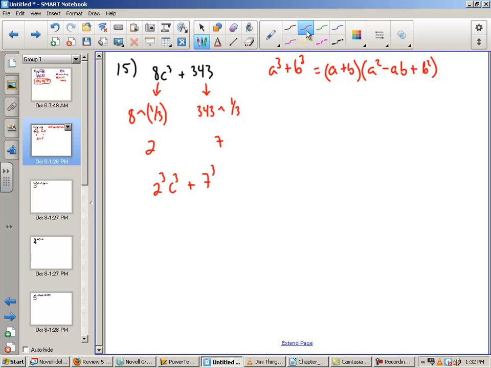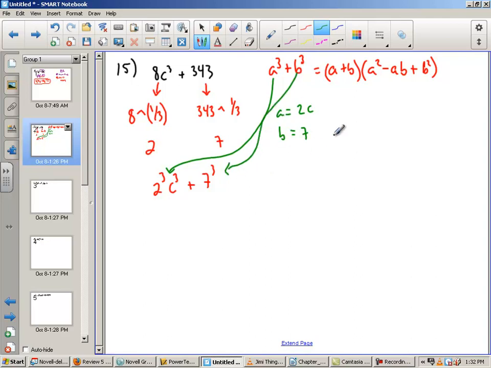So now when I look at my a and b, a would be 2c because both of them are cubed in the first place. And b would be 7 because it's what's being cubed.